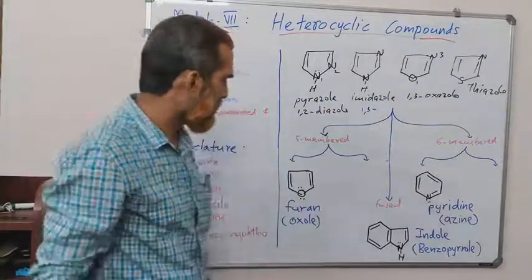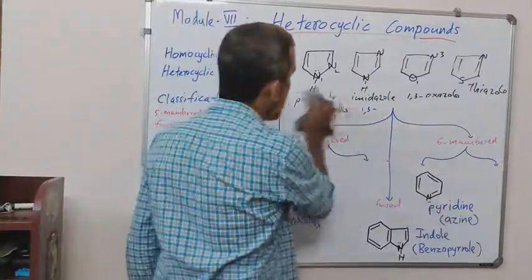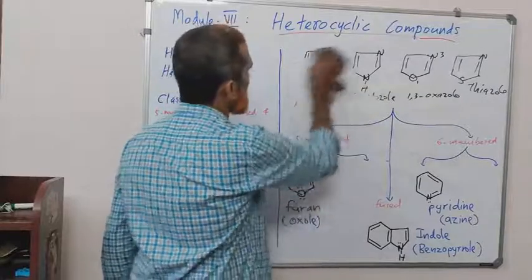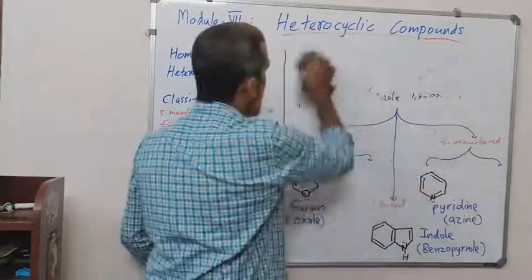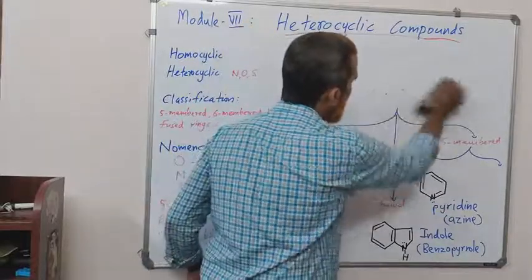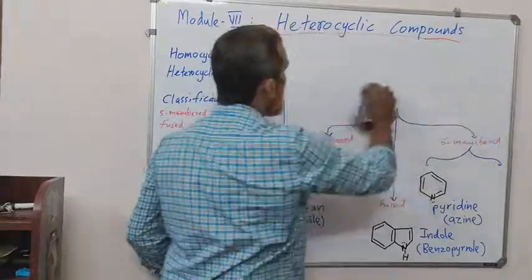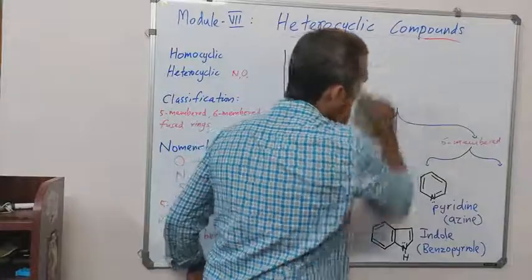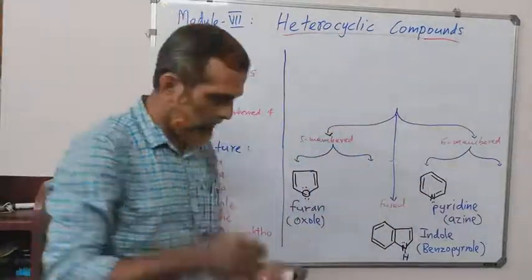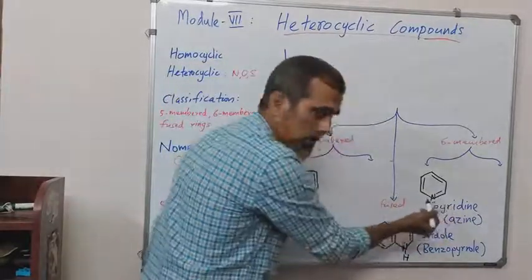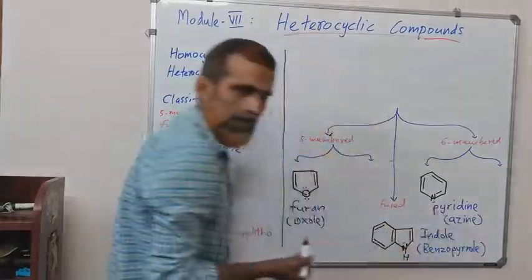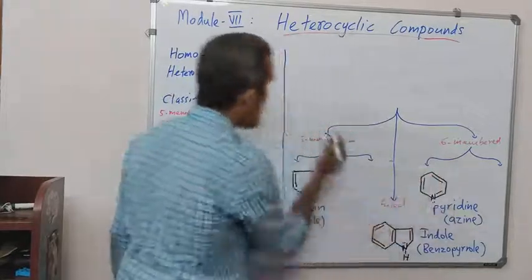Now we can go to 6-membered rings. In 6-membered rings, first let us discuss examples of 6-membered ring with only one heteroatom. This is the first example: pyridine. I told you, it is systematically called azine, commonly pyridine.